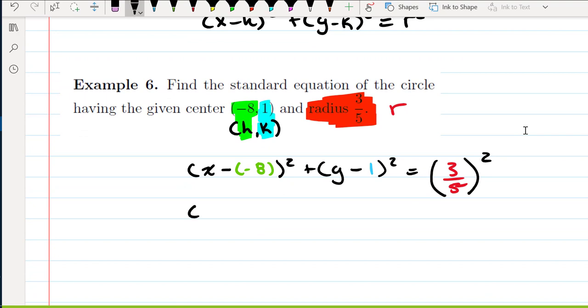So then that gives us, after we simplify, x plus 8 squared plus y minus 1 squared equals 3/5 squared, which is 9/25.